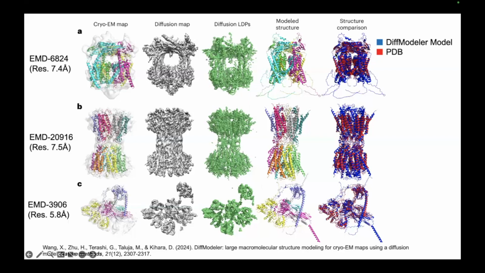This is a comparison between the native structure and DiffModeler models. Red is the PDB deposited structure, and blue is the DiffModeler models. Overall, it looks well fitted.